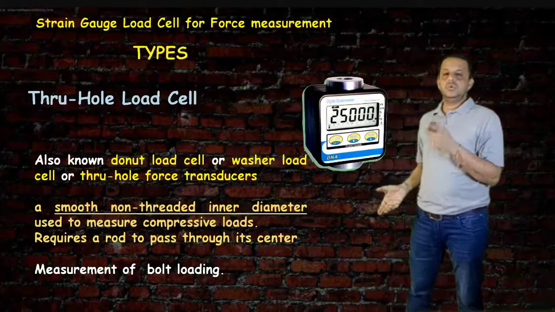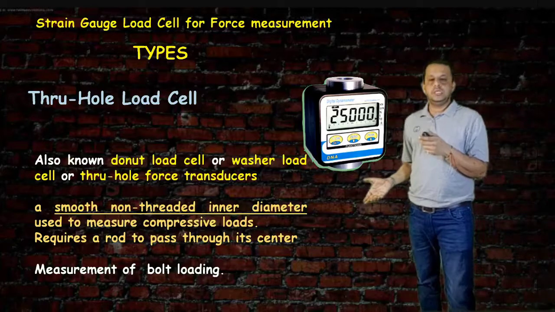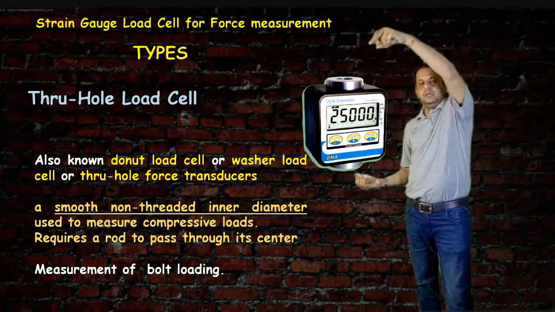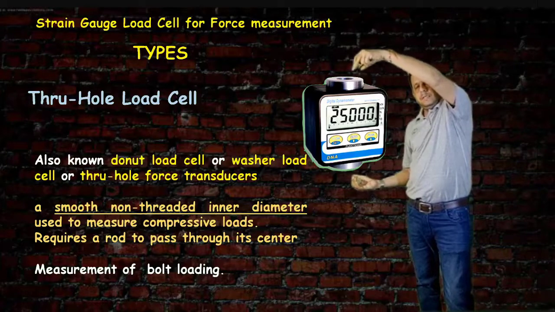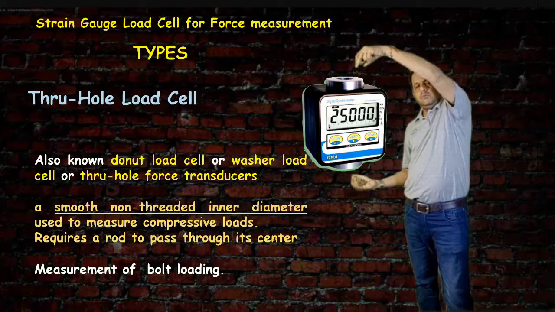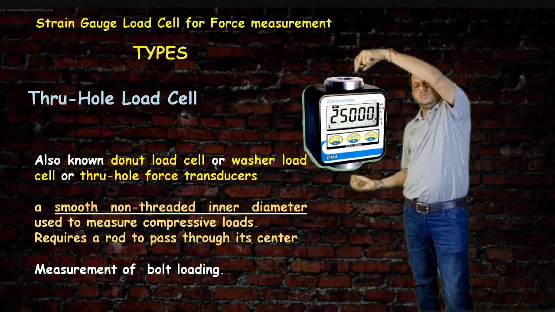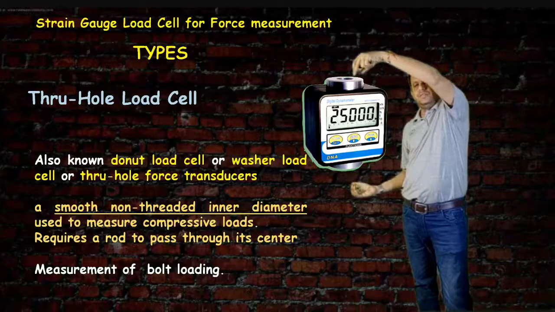Another is the through hole load cell. The hole is made, and from the upper side, the rod or whatever object is to be measured for force will be inserted.